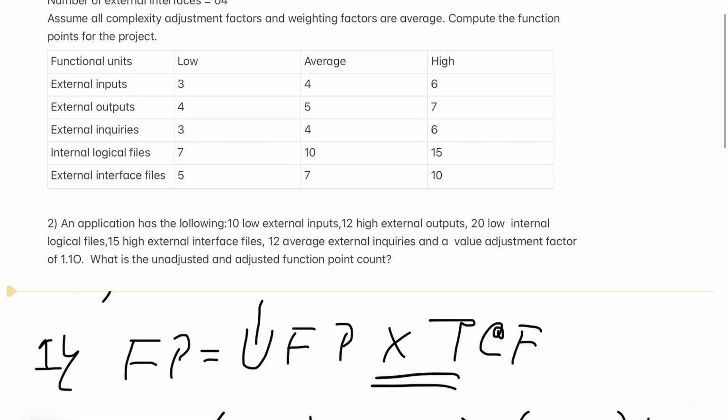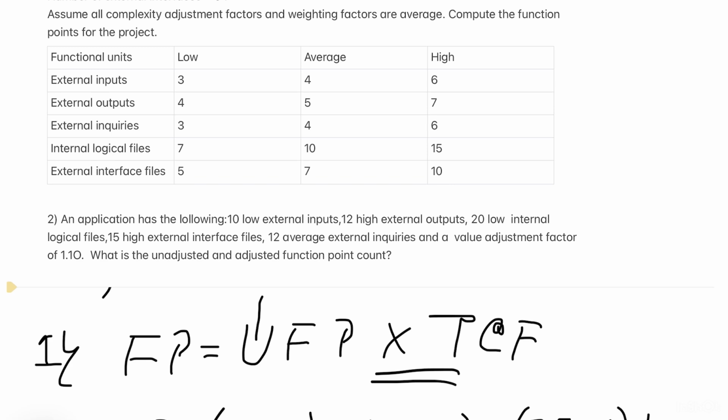So what are the unadjusted and adjusted function point counts?